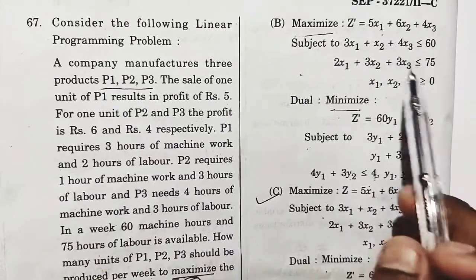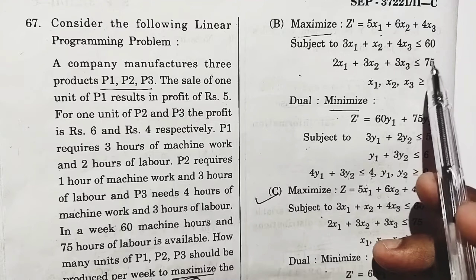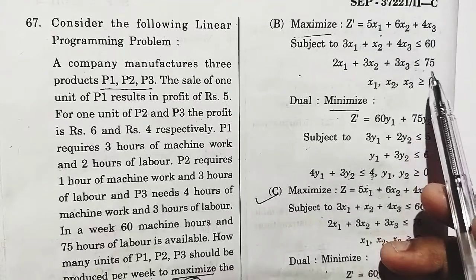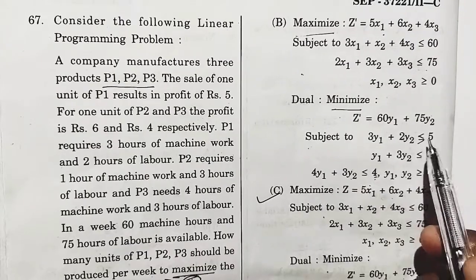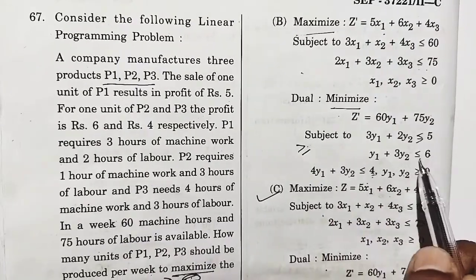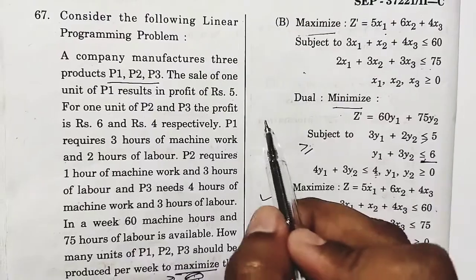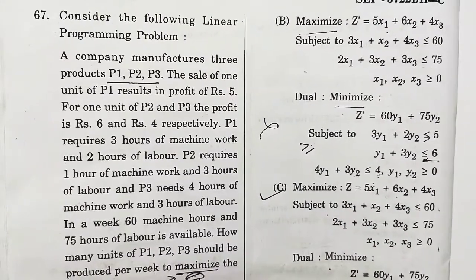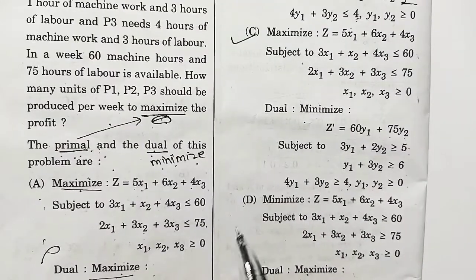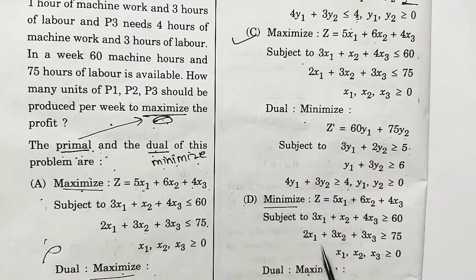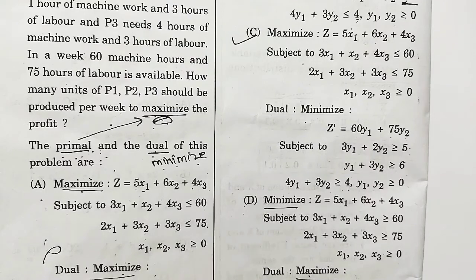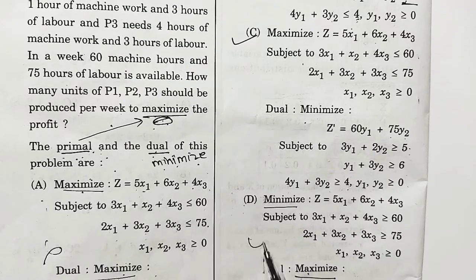For a maximize function, all the equations should be in less than or equal form. Here it is also correct. But for a minimize function, the equations should be in greater than or equal form, and this is incorrect here. So option B is wrong. For option D, the primal should be maximize, but here it is minimize and dual is maximize, the opposite of the given problem. So option D is also wrong.